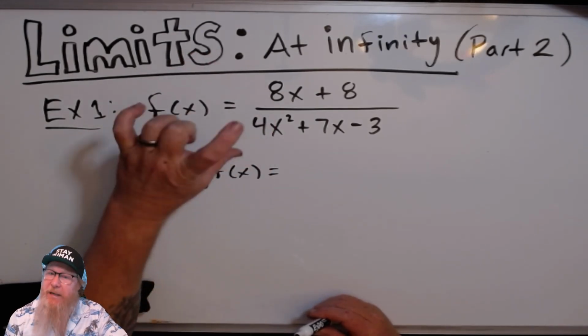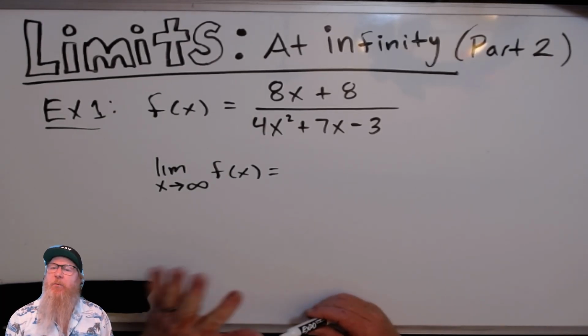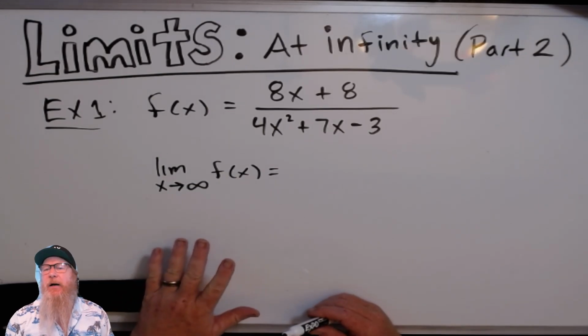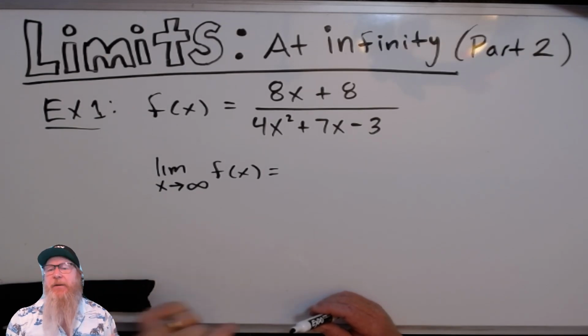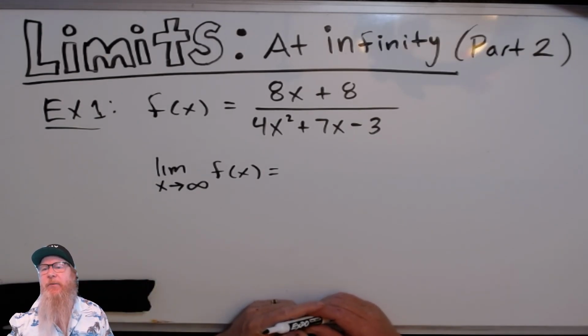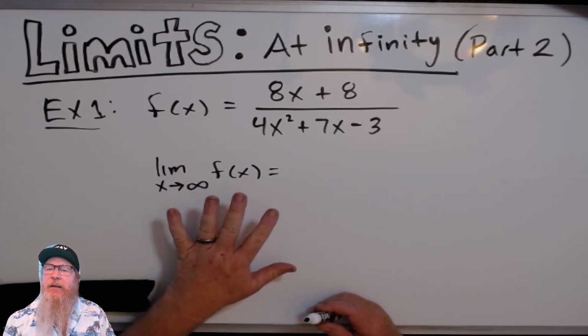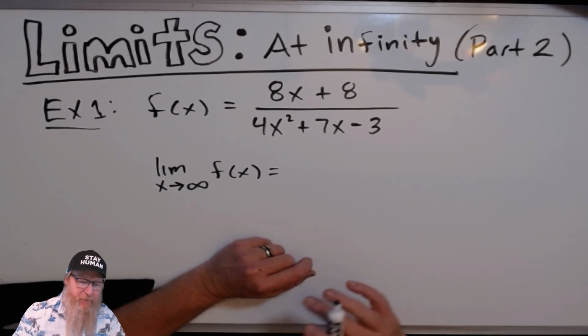Rational functions are the ratio, it's a fraction, of two polynomials. And once you know one of the limits, you get the other one generally for free, if the limit exists. All right, so I will mention that. Now, if the limit does not exist, then we might need to dig into it a little bit more. But let's just get right into it.